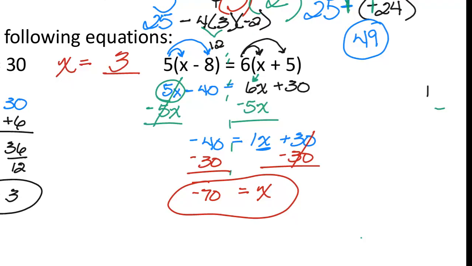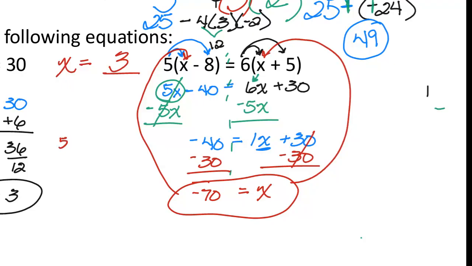But if I wanted to, I would substitute this answer back in here and say 5 times negative 70 minus 8. And I'm going to see what that is first. So that's 5 times negative 78 is going to be negative 390. Is that right?